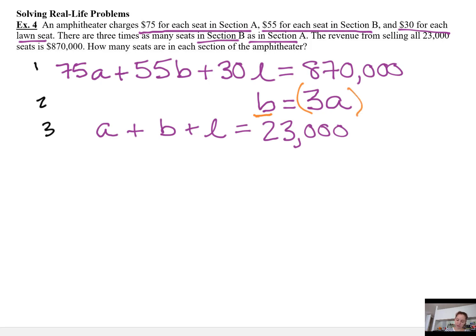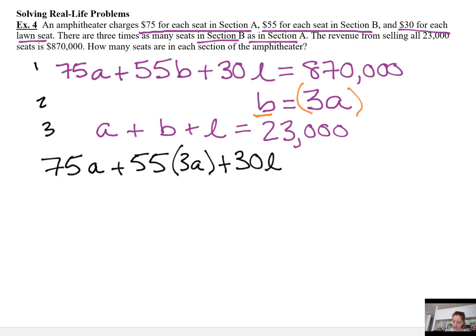So I'll rewrite this first equation, 75A plus 55, and I will substitute in 3A in place of B, plus 30L equals 870,000.